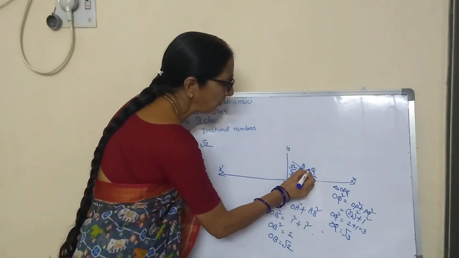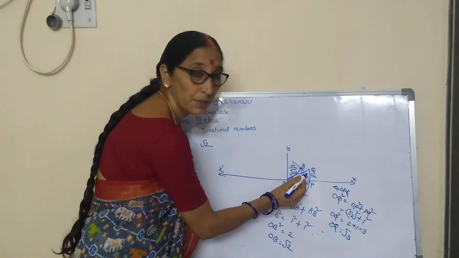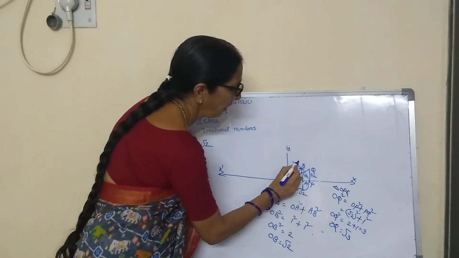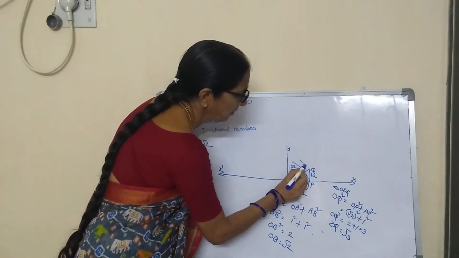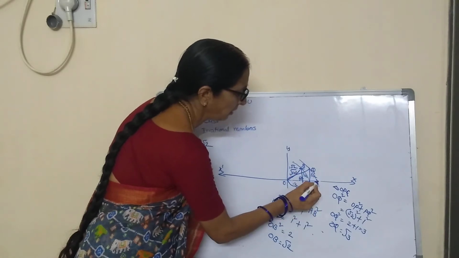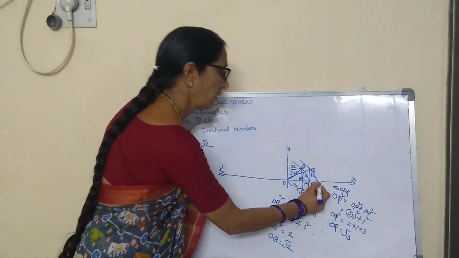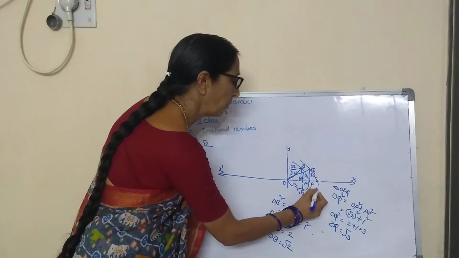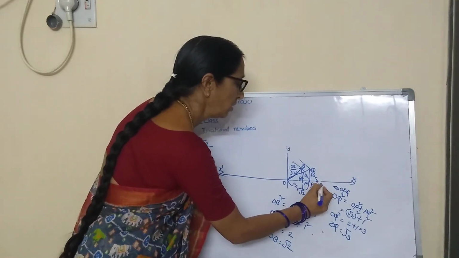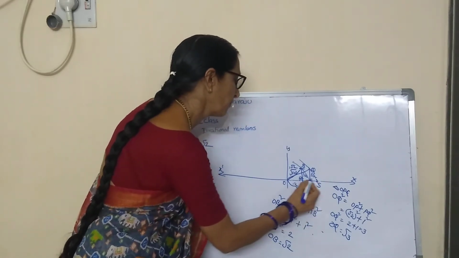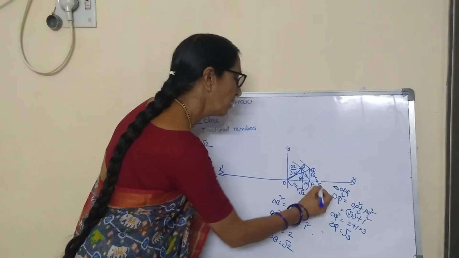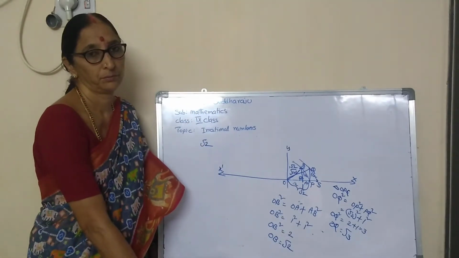Take OQ as radius and draw another arc intersecting the x-axis. This gives root 3. Take another point, yes. OS is root 3.